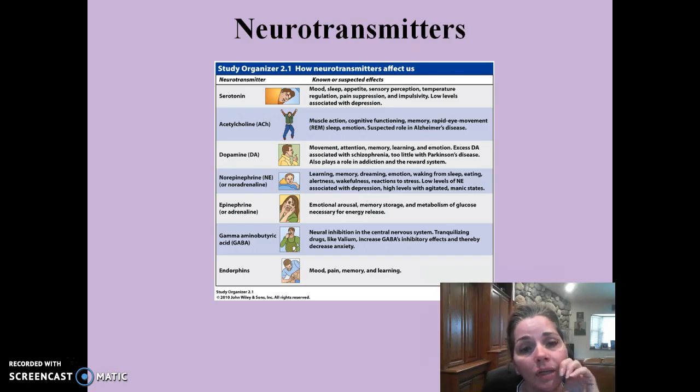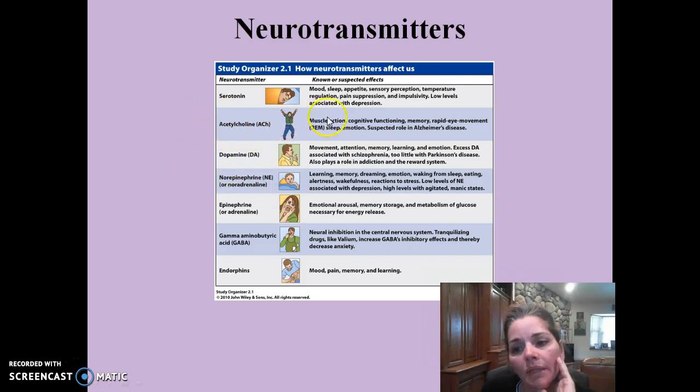But when serotonin levels are too low, that in combination with some of the other neurotransmitters, particularly norepinephrine, can influence our depressive tendencies.